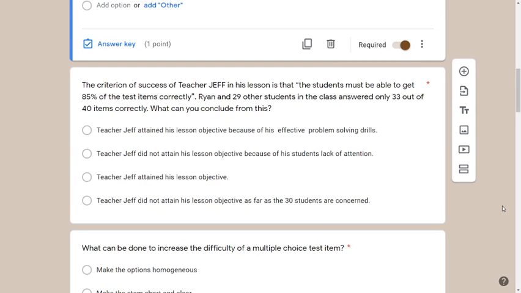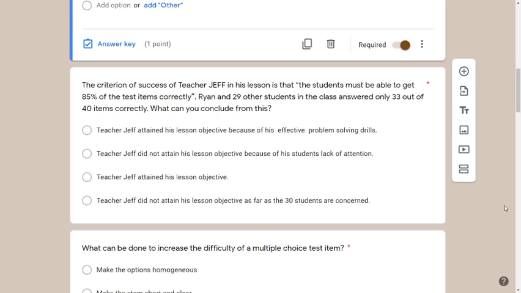Our second question is: the criterion of success of teacher Jeff in his lesson is that the students must be able to get 85% of the test items correctly. Ryan and 29 other students in the class answered only 33 out of 40 items correctly. So what can you conclude from this? Okay, again, don't jump into conclusions. Let's read the options first.